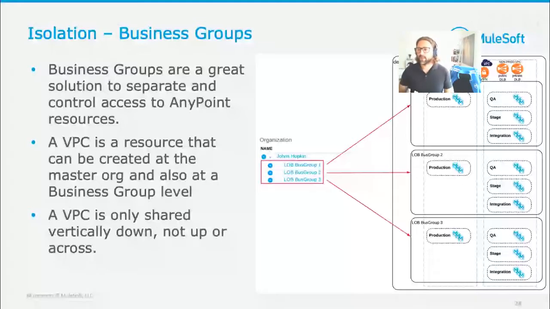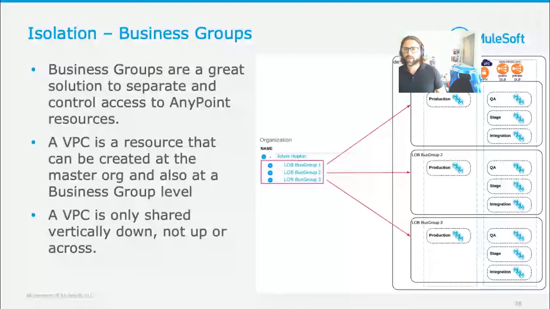We can have multiple VPCs in our business groups, and at the same time, a VPC can be shared across multiple business groups. You could, for example, as we were saying before, define your production VPC, like this example, and another VPC for non-production environments. And we can share this VPC across all the business groups.